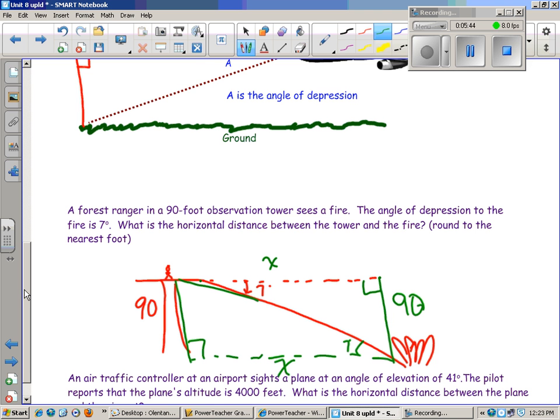And the third way to do it is, what do we know about this angle up here? Right, the whole thing is 90. So if this is 7, how much is this part, the green part? 83. So the other way you could do it is from the 83-degree angle. So 3 different ways, they'll all give you the same answer.